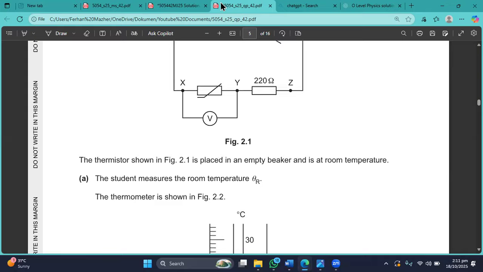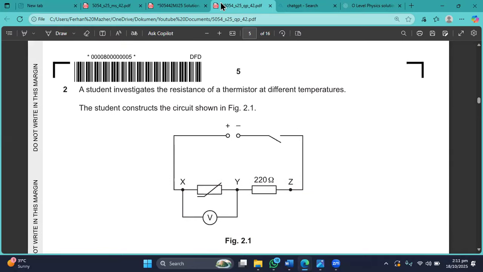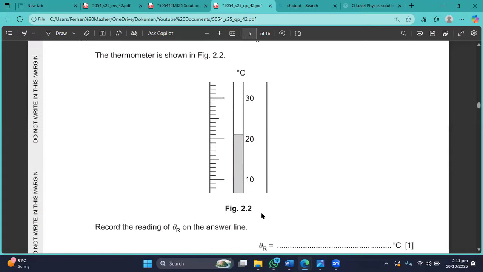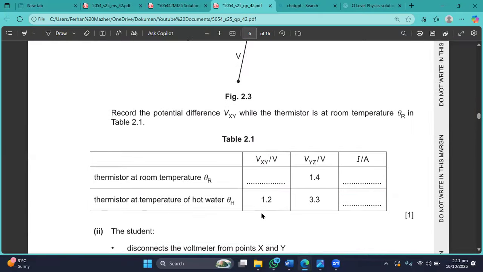So what the student did, he removed this voltmeter, which is connected parallel to the thermistor. He removed it from here and connected this at Y and Z, which will be parallel to the fixed 220 ohm resistor, and it will tell you the voltage drop across that fixed resistor. He noted down how much is the voltage drop there.